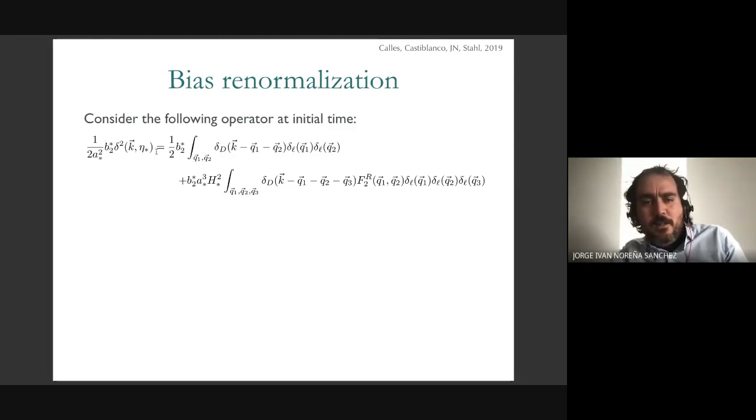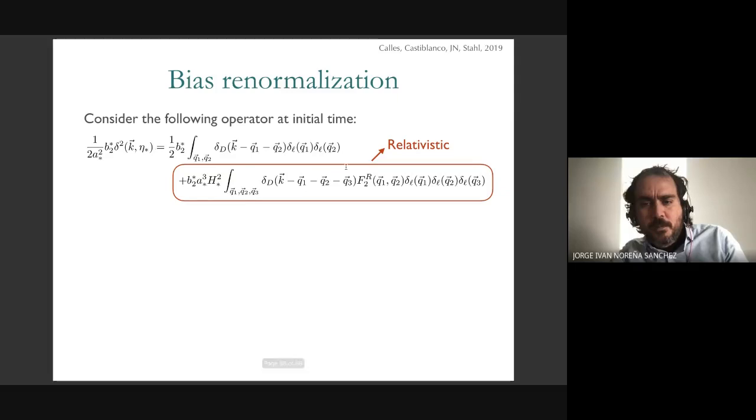Take the expectation value of this expression. The operator delta squared has the Newtonian term, which is the upper one. But since at the initial conditions I cannot ignore F2, I will also get a relativistic correction. If I do things geometrically, as I was explaining, you also get terms for the other relativistic corrections, for all the other bias operators.